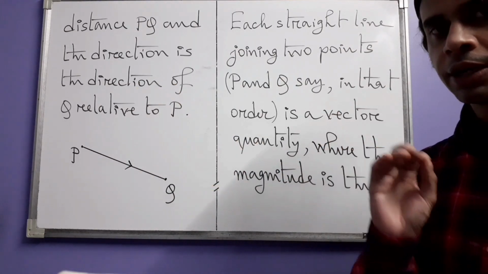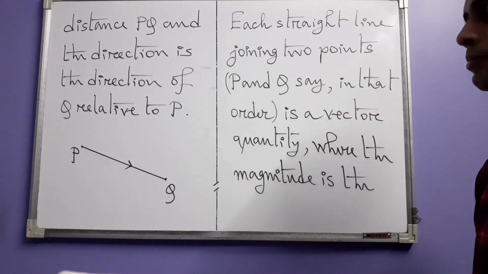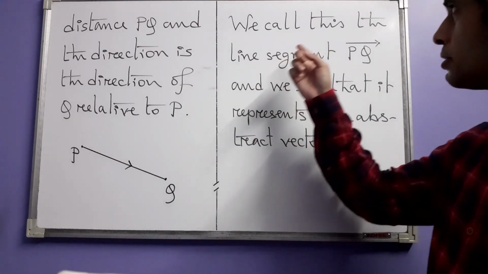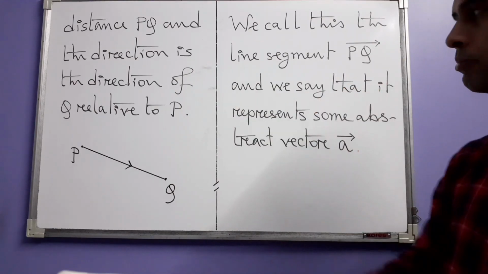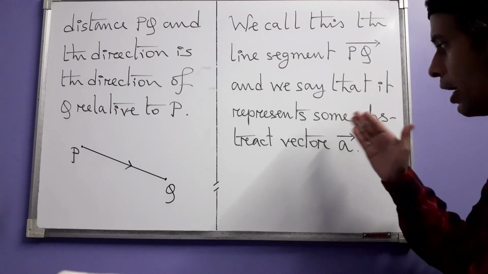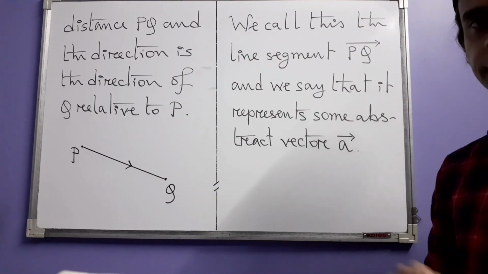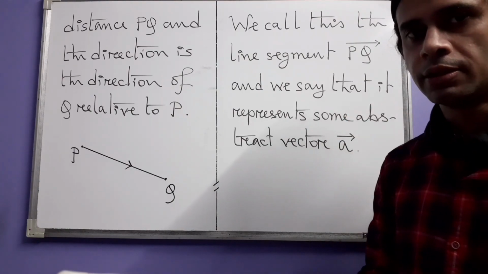Simply mentioning one of them is not enough to specify them fully. We call this the directed line segment PQ, and we say that it represents some abstract vector A.